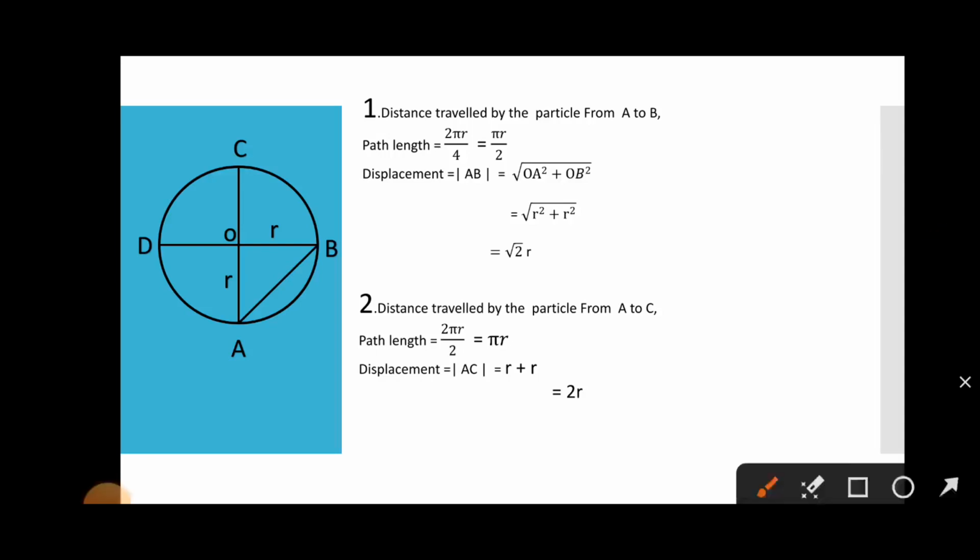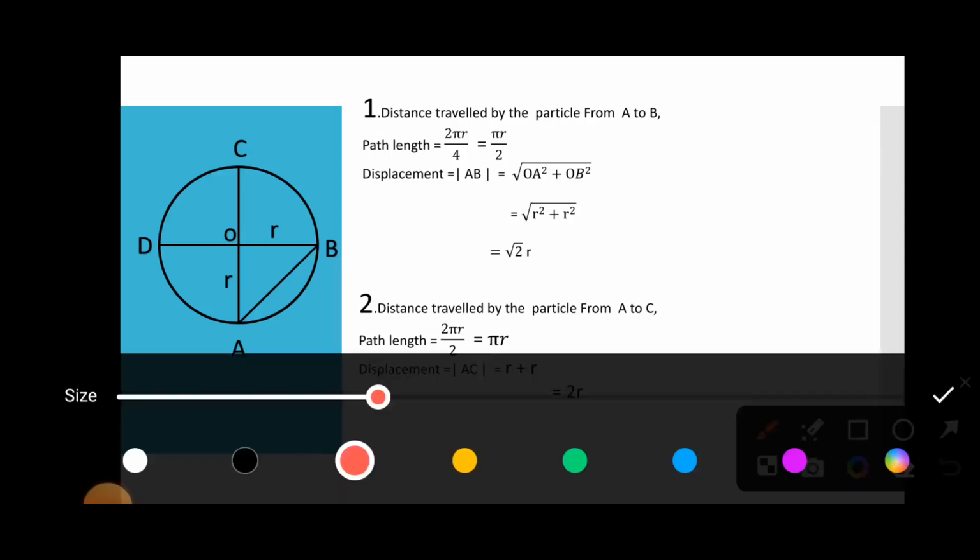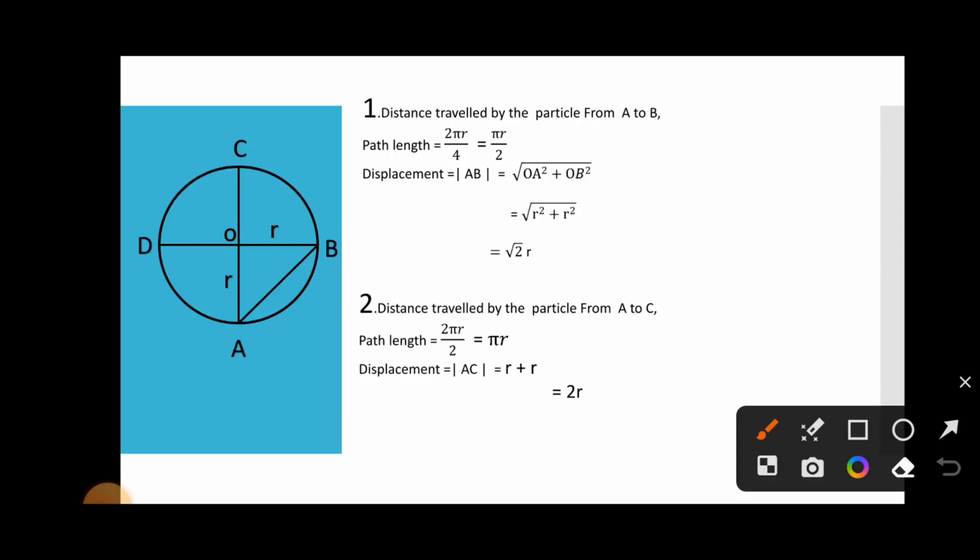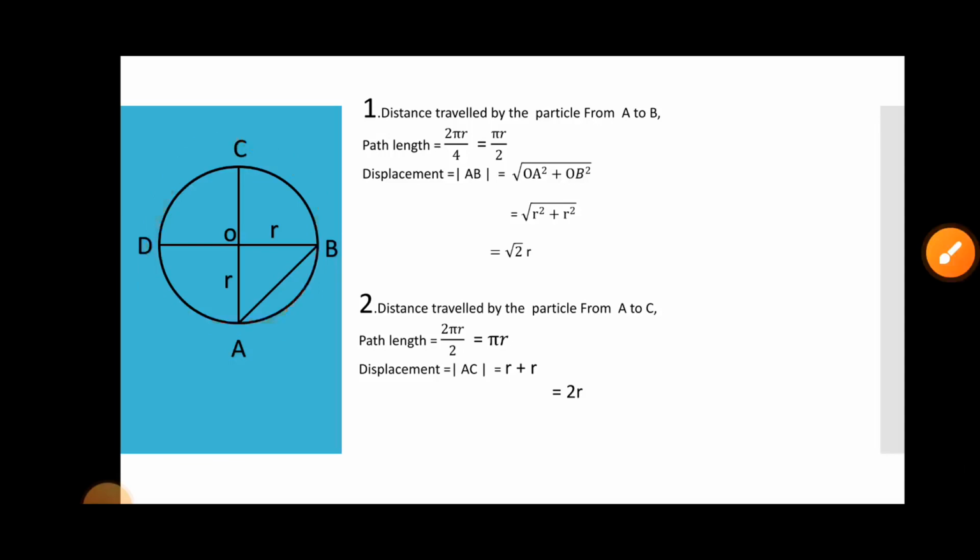Because 2 pi r is the circumference of this circle, and we divide by 4 because we cover a 1/4 distance in the circle. So the path length is equal to 2 pi r divided by 4, which is equal to pi r divided by 2.